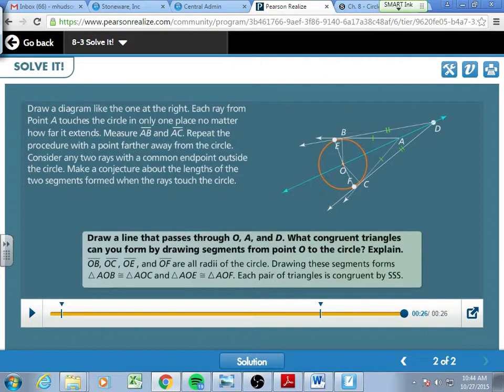And what's more, it's perpendicular to the radius at that tangent point. So the radius that goes from the center to B is now perpendicular to AB. The radius that goes from the center to E is perpendicular to DE, and so on for all the other points. Any questions about that?